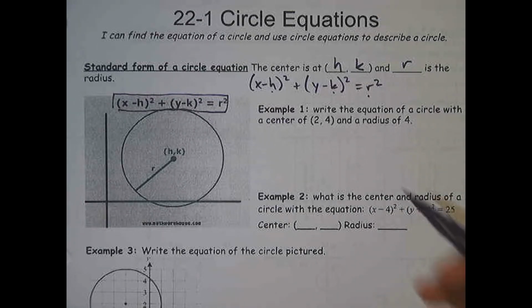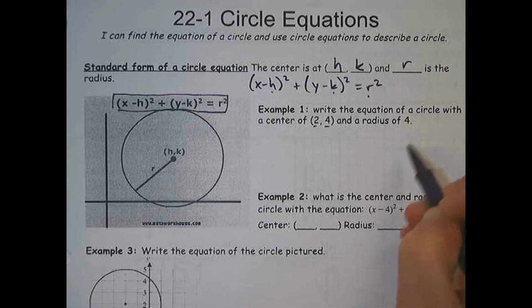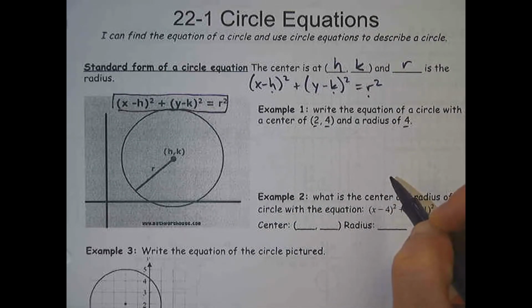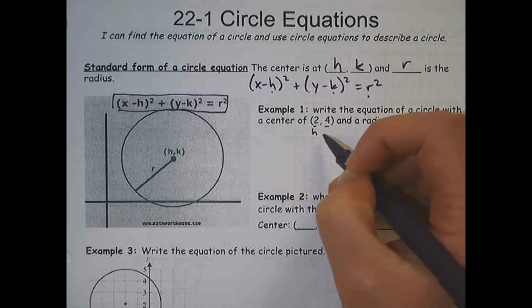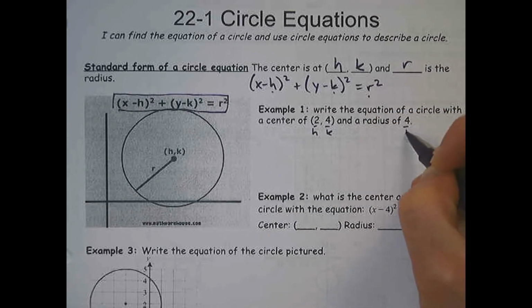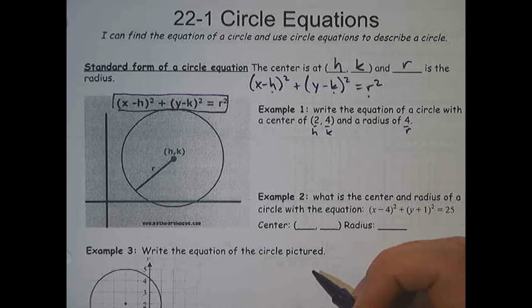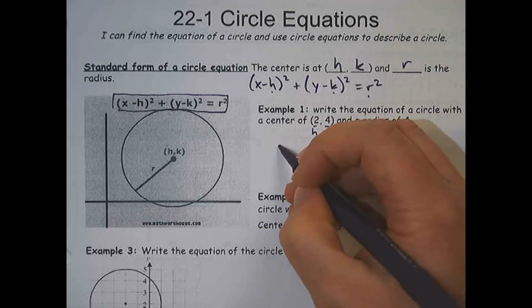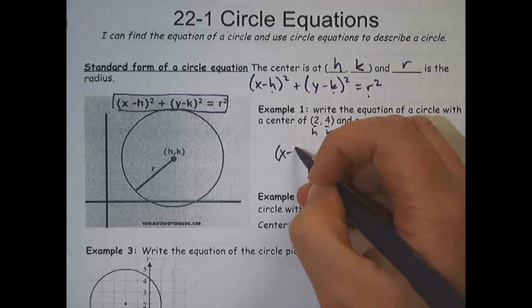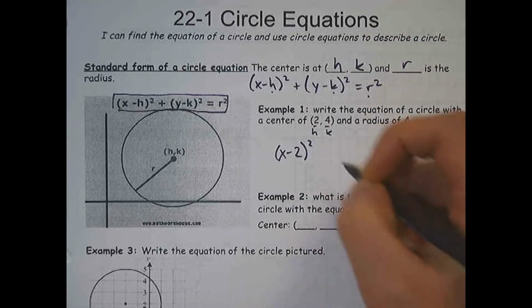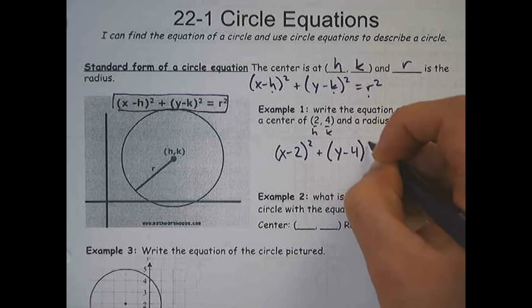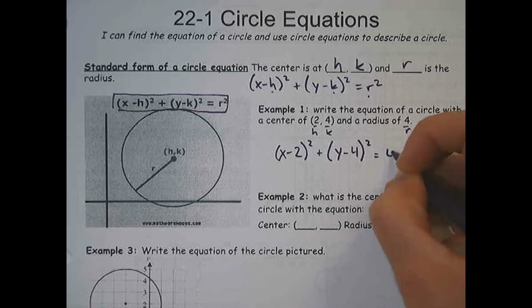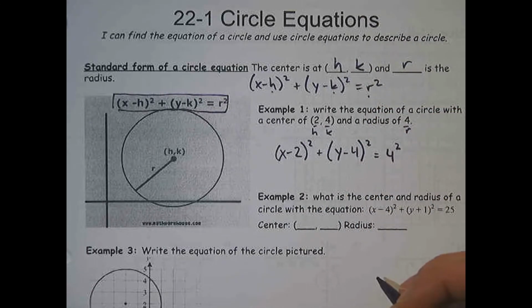So for example, if we had a center at (2, 4) and a radius of 4, we could write an equation for our circle. So we would just plug these numbers in. 2 would represent h, 4 would be k, and the other 4 here would be r for the radius. So we would have for our equation (x minus 2) squared plus (y minus 4) squared equals 4 squared.